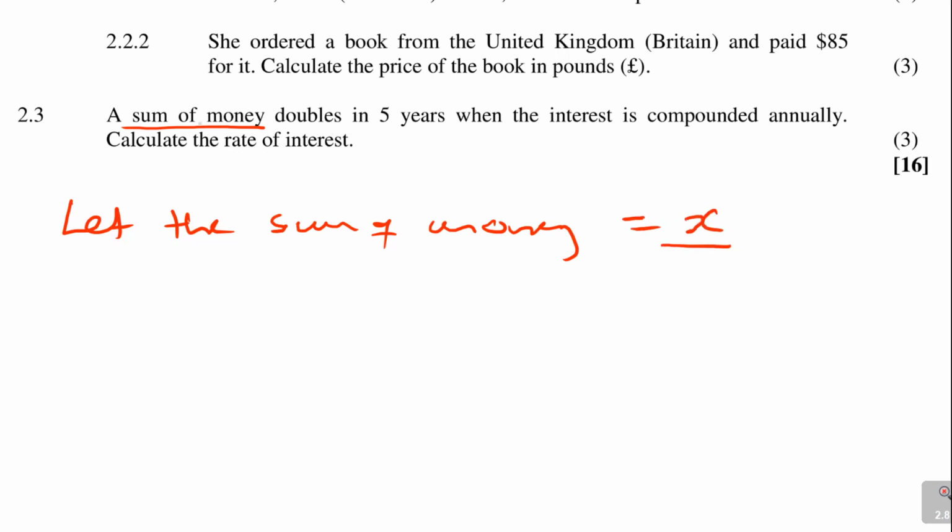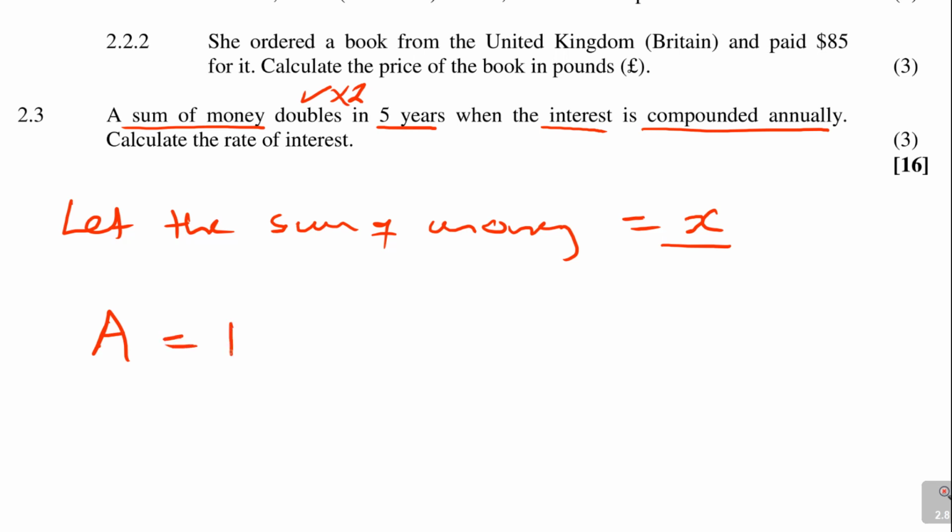It doubles in 5 years, and doubles means times 2. In 5 years, the interest is compounded annually. Compound interest here says what?